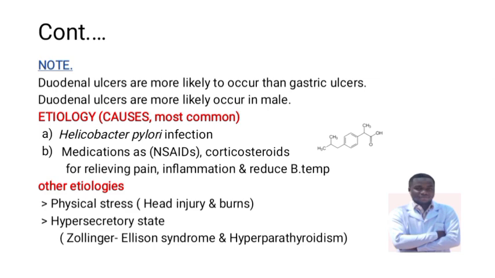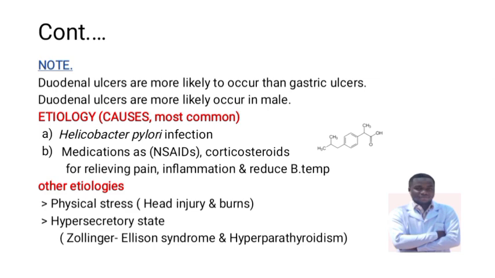But we have other etiologies such as physical stress, as in head injury and burns. We have hypersecretory states. Here we can see the Zollinger-Ellison syndrome. The Zollinger-Ellison syndrome is caused by a gastrinoma, a neuroendocrine tumor located in the duodenum, secreting abnormal gastrin.